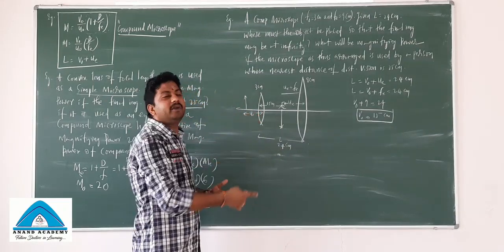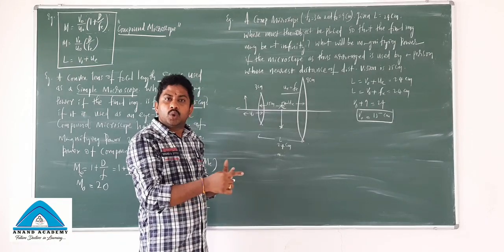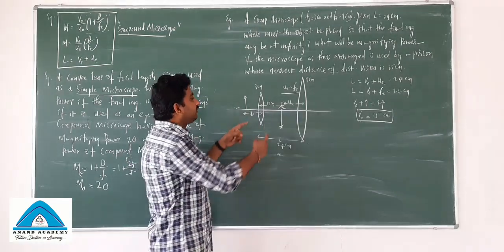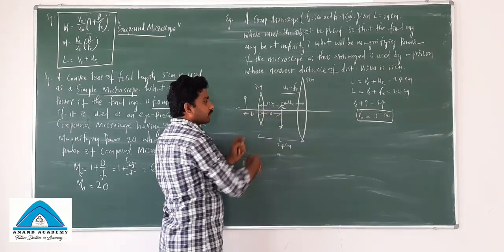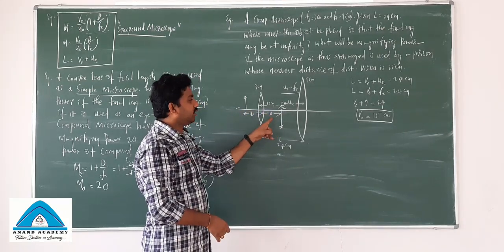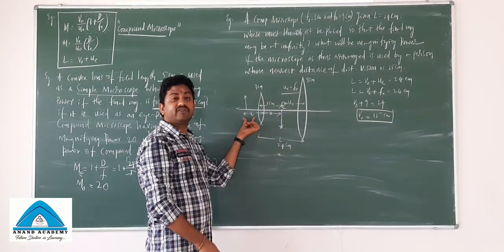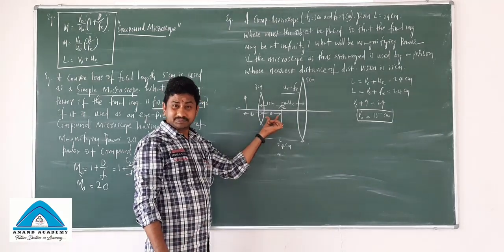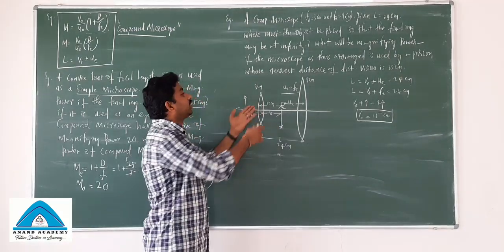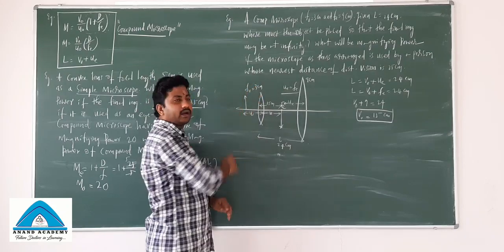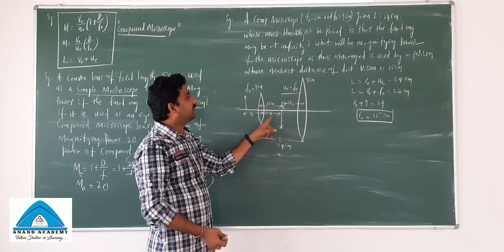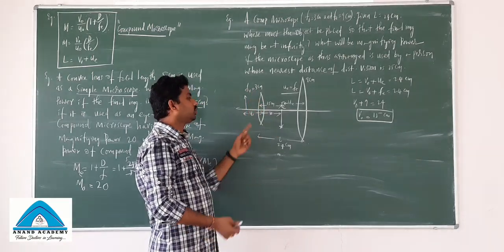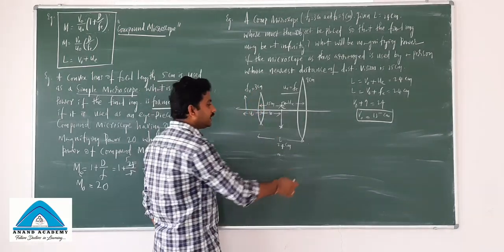When the image is to be formed at infinity, we have got the V naught value here. V naught is there and F naught is already there, so U naught you can find out easily.